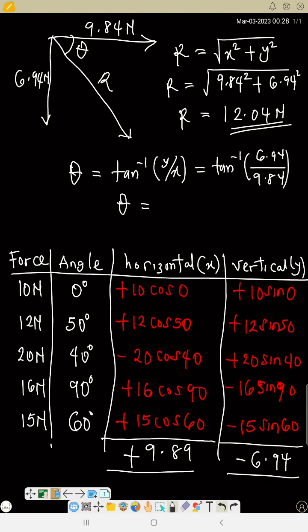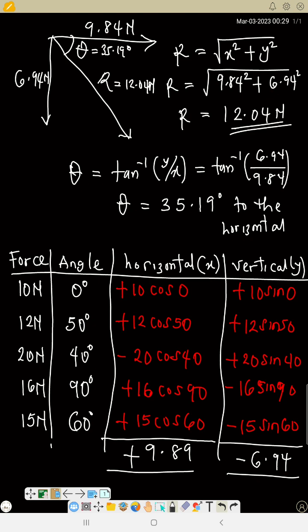That is 35.19 degrees to the horizontal. So that is the direction. So R, the resultant, is 12.04 Newton, and theta is 35.19 degrees for direction. That's how you can resolve a vector of more than one force.